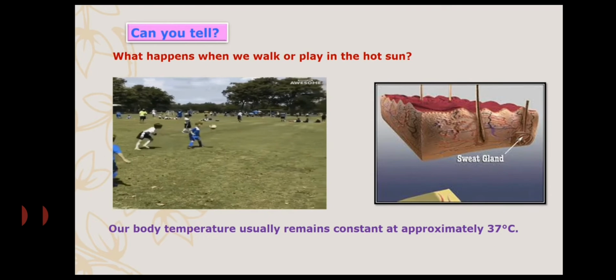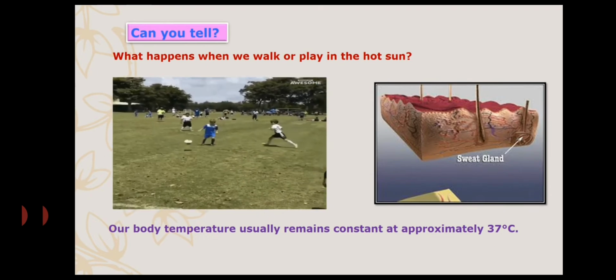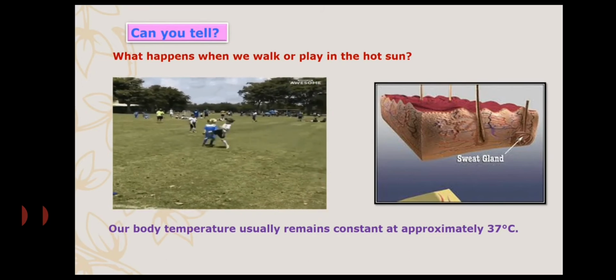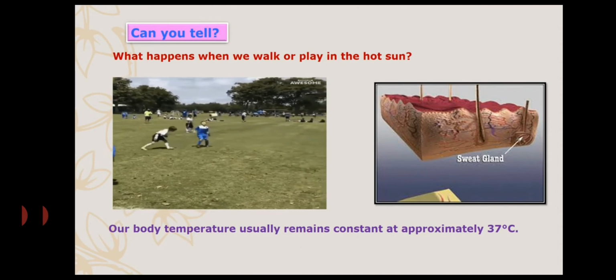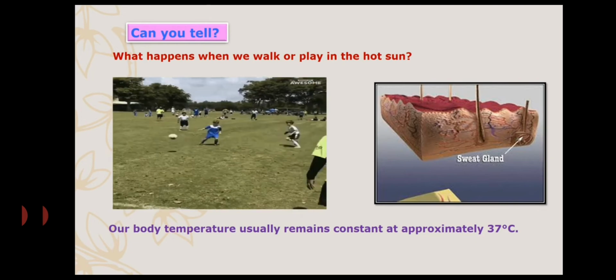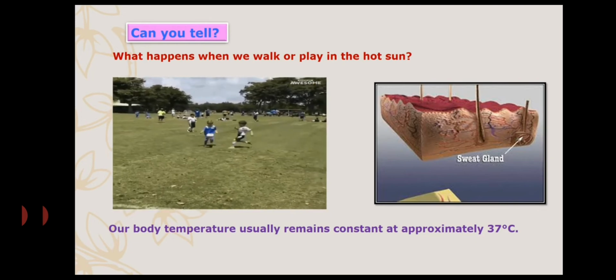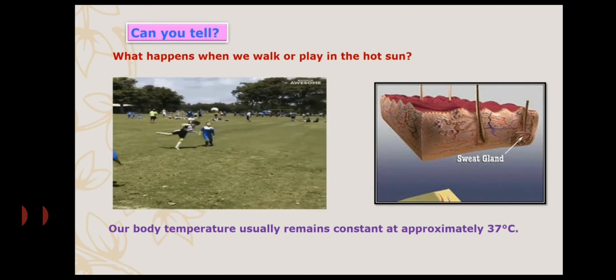After being in the hot sun or after hard physical labor, the temperature of the skin rises. Then sweat is released. It helps to reduce the temperature of the body, and our body temperature usually remains constant at approximately 37 degrees Celsius.